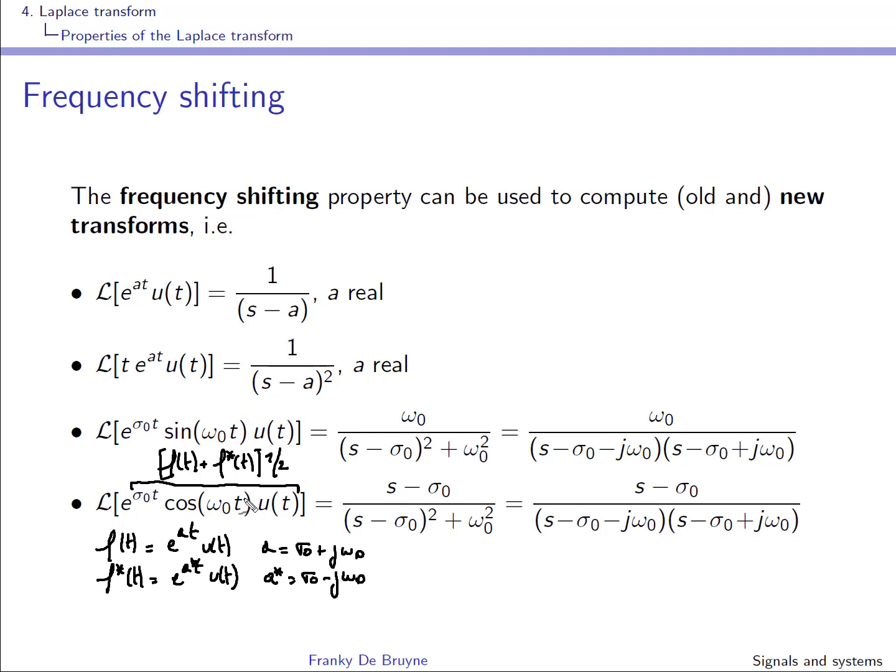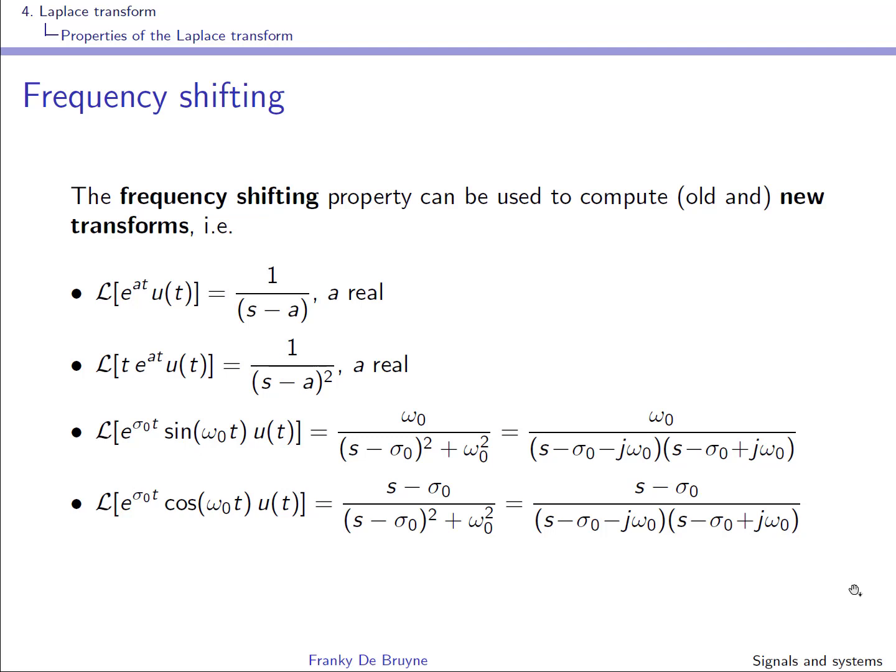So this signal over here is the sum of a complex exponential that involves a, plus a complex exponential that involves a conjugate. You see here that the Laplace transform is this expression over here, but you see that the poles are sigma 0 plus minus j omega 0, and they are linked to a and a conjugate.